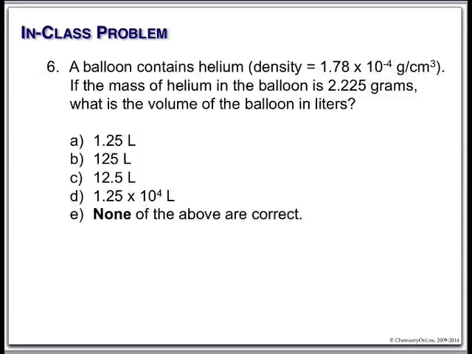Density is mass divided by volume, right? So solve the equation for volume. Mass divided by the density, 12,500 cubic centimeters. Remember, 1,000 cubic centimeters is the same as 1 liter, so this is the correct answer.